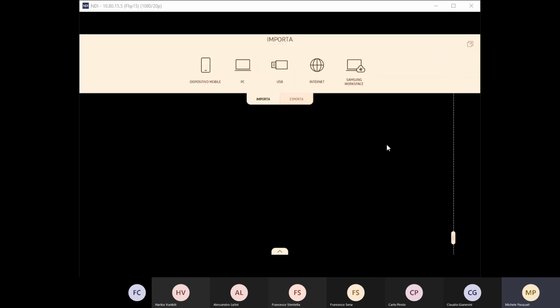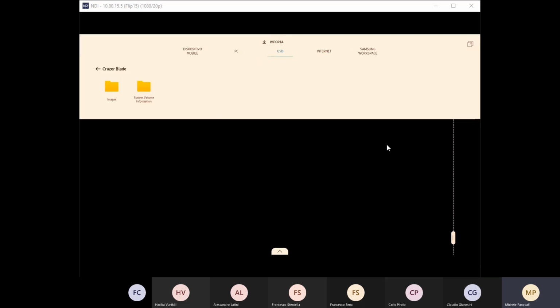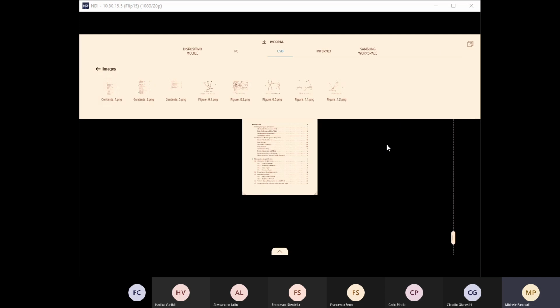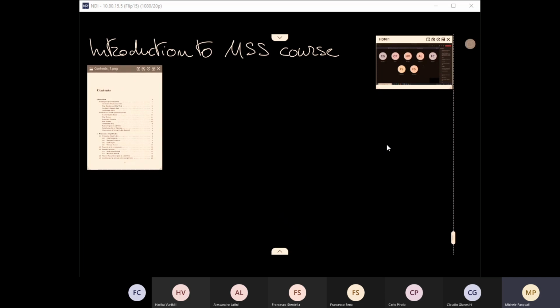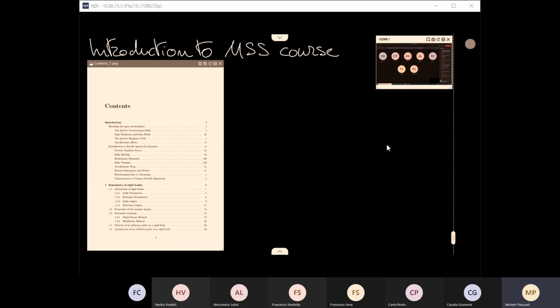All right, so let's see. Okay, I'm not sure if you can actually see it. Hope so. This is basically the index of the notes. It's just a reference to present you the contents.